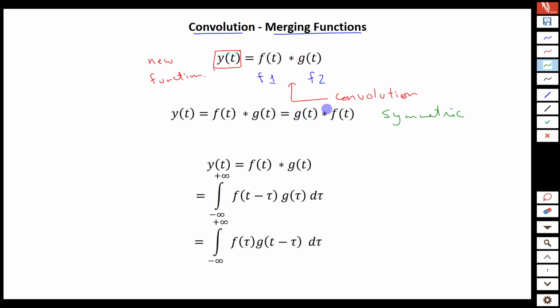You're merging them and they sort of play equal roles in the mathematics, though sometimes it helps to think about these, if you want, as one of them being the signal and the other function being, I'm going to call it a spreader for the examples we see here, but it also has other roles we'll see in Laplace transforms a little later on. This terminology is more similar to what we've seen so far in the course. So imagine we're convolving a signal with some kind of spreader function.